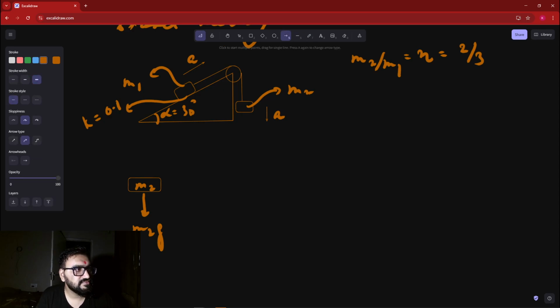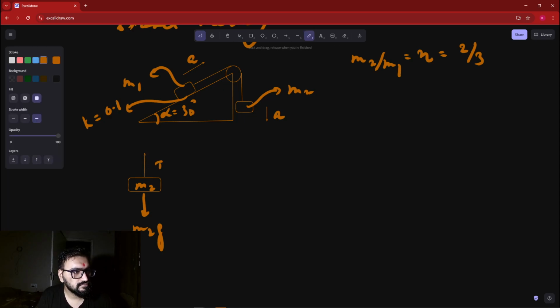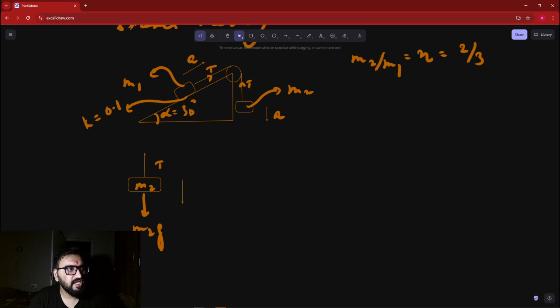There is some tension by this string in the upward direction. So this is my tension T by this string. These are the two forces which are acting on m2, and under the influence of these two forces, this m2 is supposedly moving downwards with an acceleration of a.